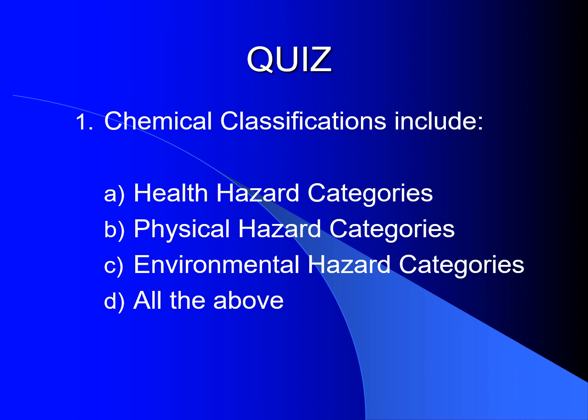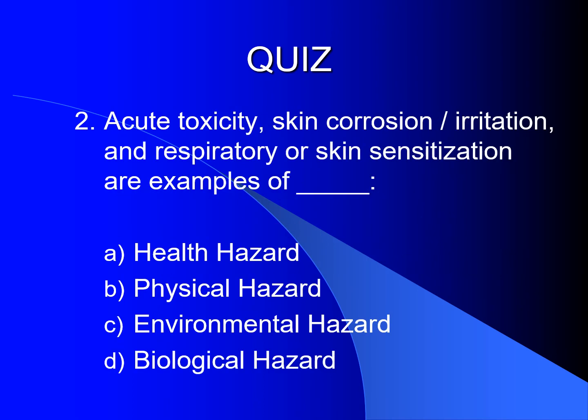Question 1. Chemical classifications include A, health hazard categories, B, physical hazard categories, C, environmental hazard categories, or D, all the above. Question 2. Acute toxicity, skin corrosion/irritation, or respiratory or skin sensitization are examples of blank.